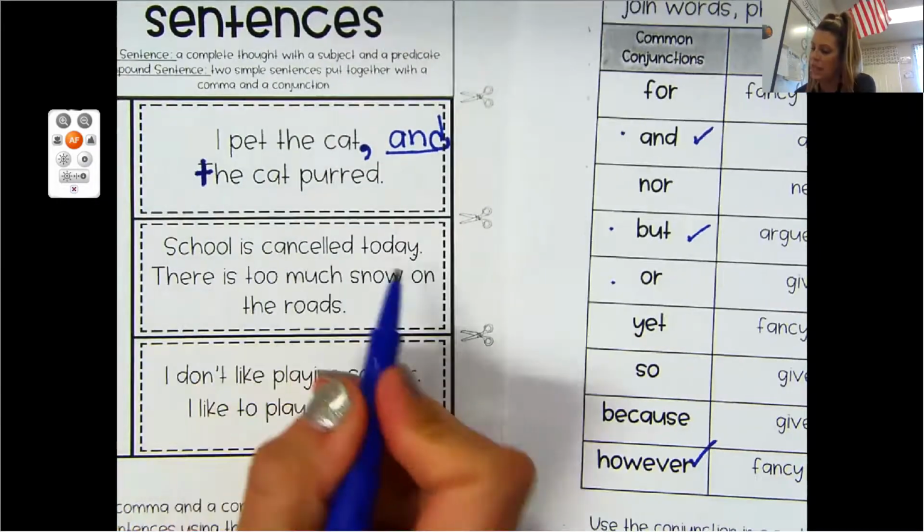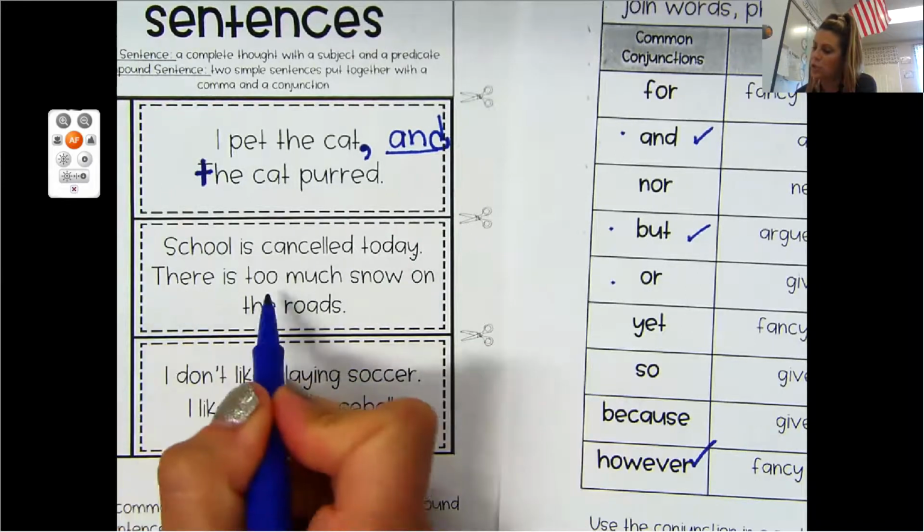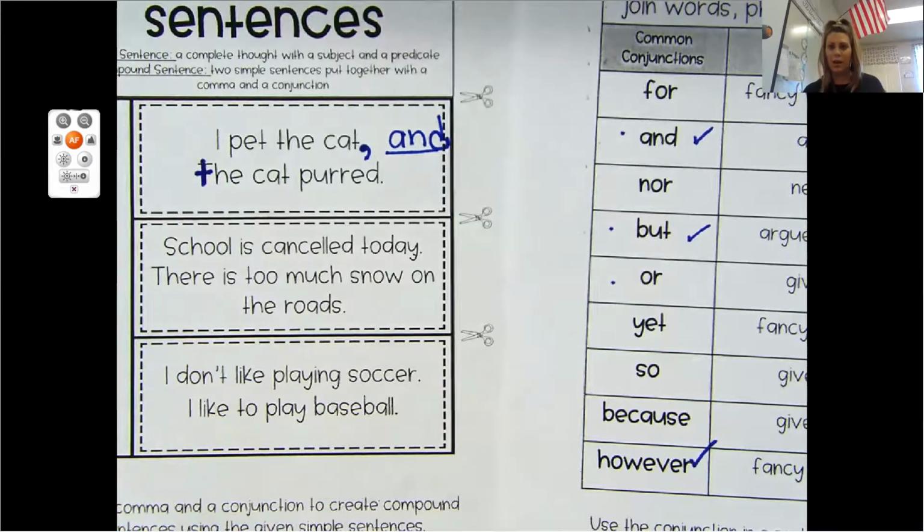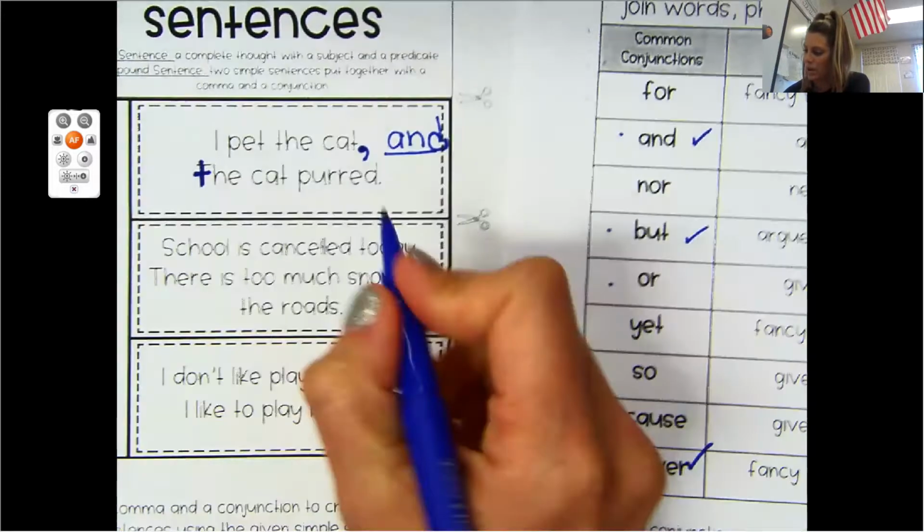All right, moving on. Let's go ahead and look at our second one. School is canceled today. There is too much snow on the roads. All right, we've got 2 simple sentences. Our job is to combine them into a compound sentence. What's the first thing we have to add at the end of our first sentence? The comma.